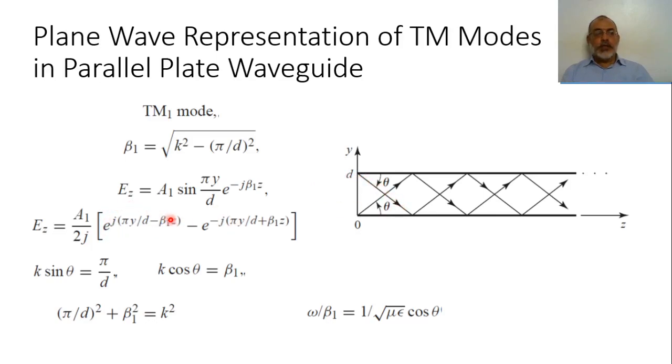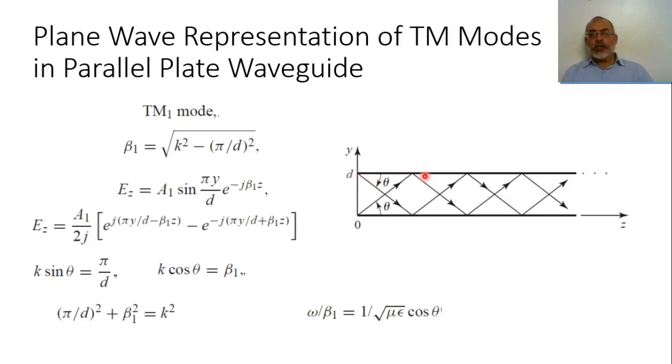So this equation represents a tilted wave propagating with an angle theta, where the propagation constant in the y direction is π/d, and the propagation constant in the z direction is β1. Because β1 equals the square root of k² minus (π/d)², we can say that (π/d)² plus β1² equals k².